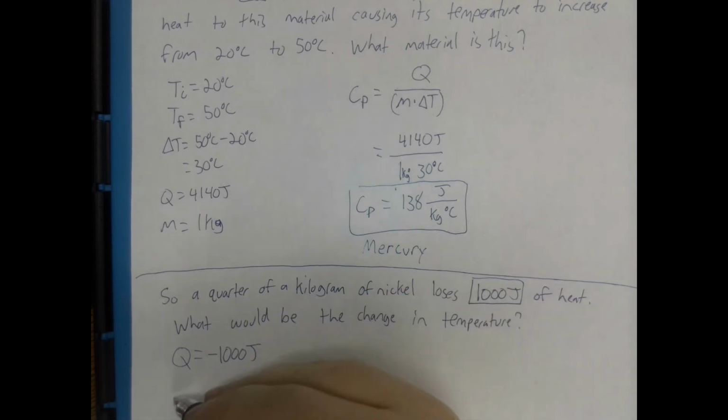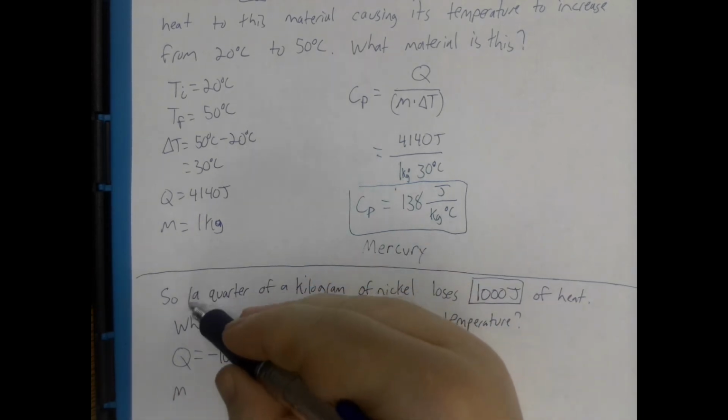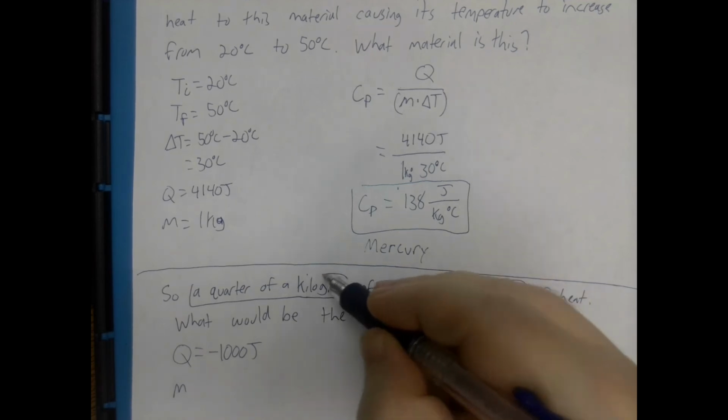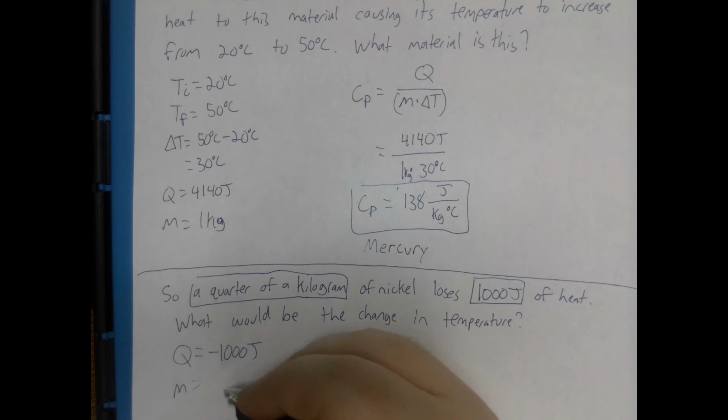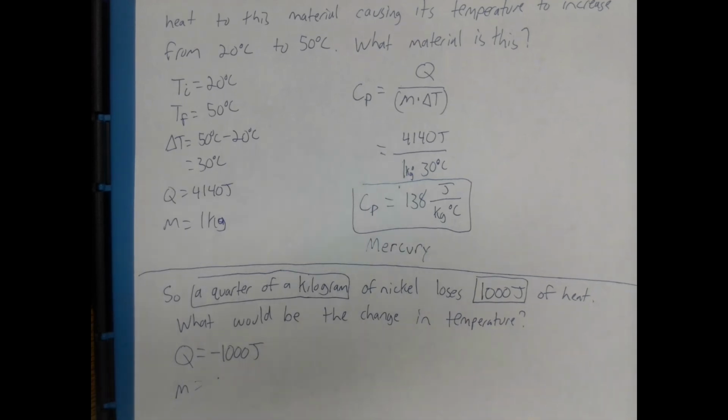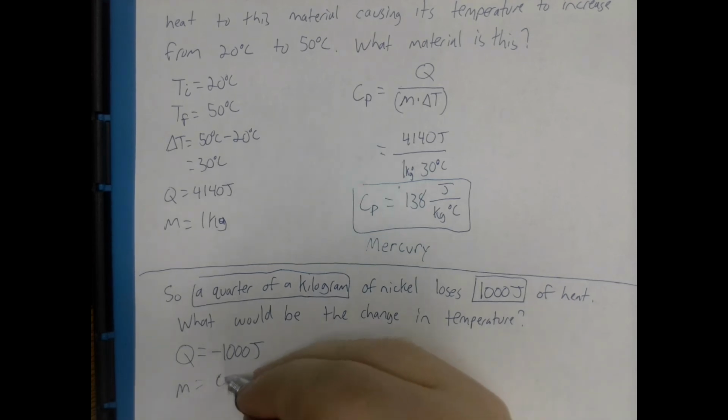A quarter of a kilogram. For some reason you guys seem to struggle whenever I write the number in words. What would be the numeric value of a quarter of a kilogram? 0.25.